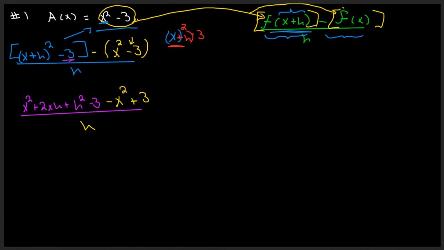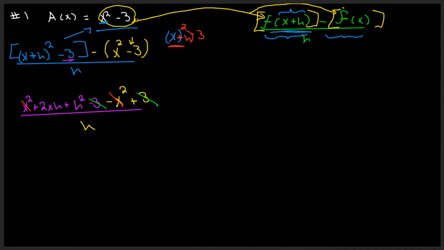And from here, you just need to recognize your terms that will cancel out with each other. You have a positive x squared that will cancel out with a negative x squared. You have a negative 3 that will cancel out with a positive 3.